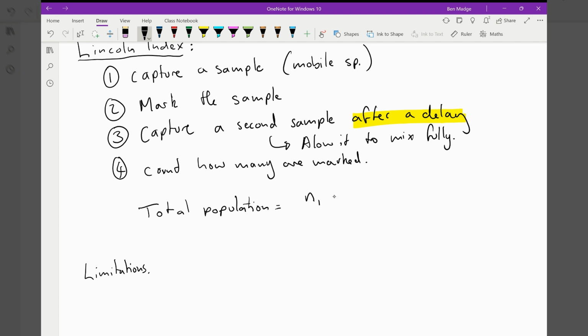We multiply that by the number of our second sample, N2, and we divide both of those by the number in the second sample that are marked. Okay, and this will give us an estimate of the population.